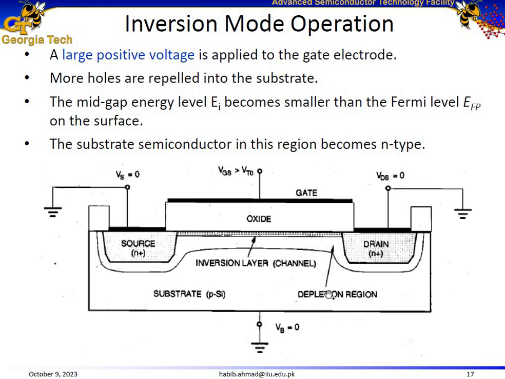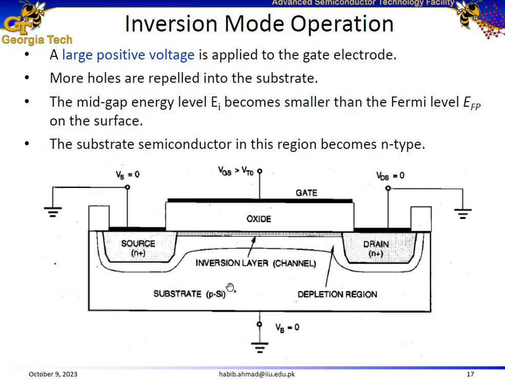Similarly, if the hole concentration in this p-type substrate is 10 to the power of 16 per centimeter cube, then the minority carrier electron concentration would be 10 to the power of 20 divided by 10 to the power of 16, or 10 to the power of 4 per centimeter cube.